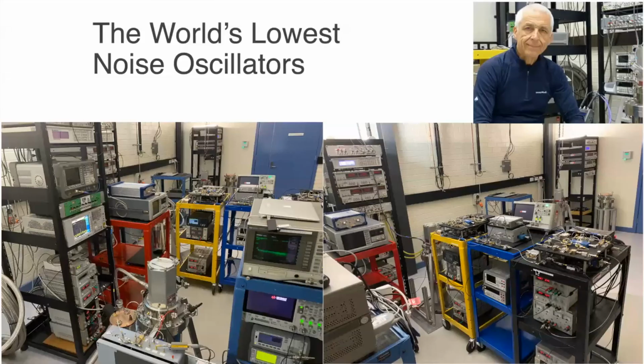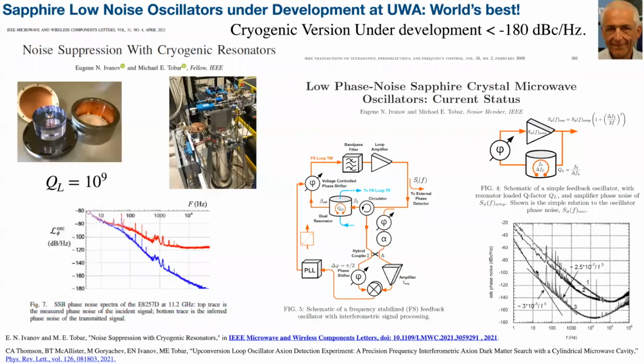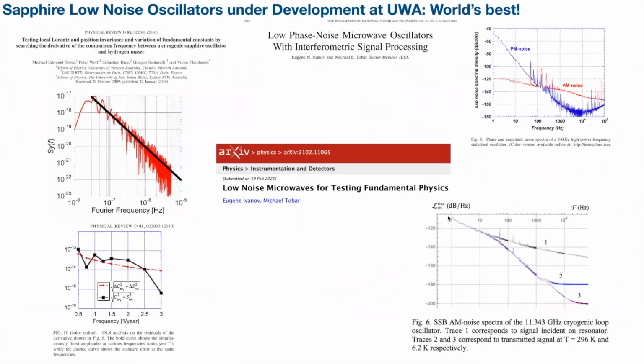In our lab, we make the world's lowest noise oscillators, and I've been doing this work with Eugene Ivanov for a long time. He's an expert at building these and measuring both very low phase noise and very low amplitude noise. Here's a paper where we looked at Lorentz invariance, and we can look at the Sy, the fractional frequency fluctuations you can get in this type of system when you're looking for very low frequency modulations.